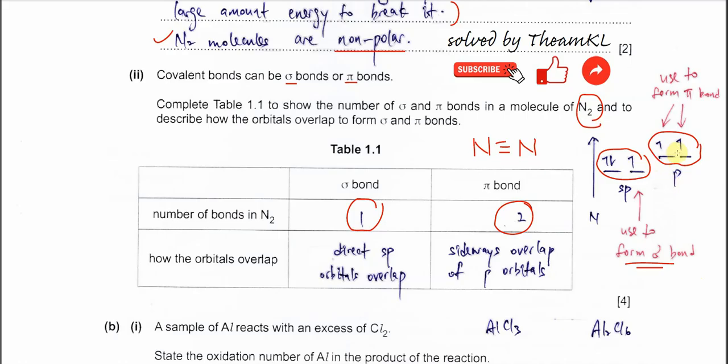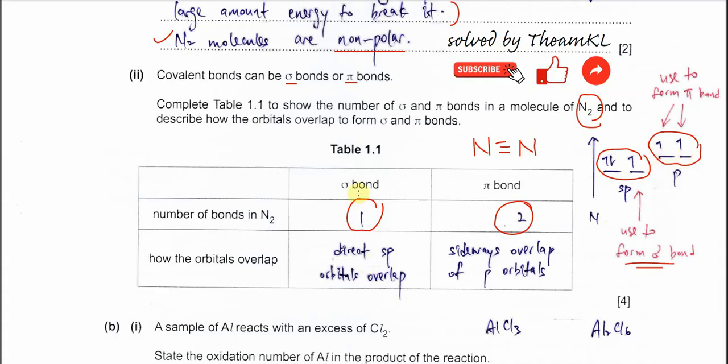And the 2 unpaired electrons in the p orbitals will be used to form the 2 pi bonds. So that's how it works.